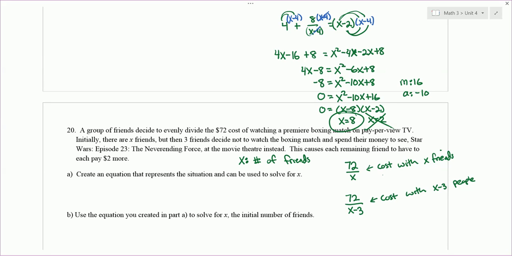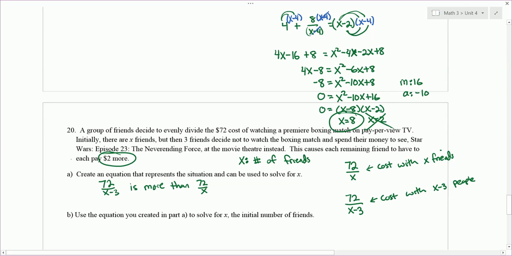Okay. So we know that 72 over x minus 3 is more than 72 over x. How much more? It says $2 more. Okay.